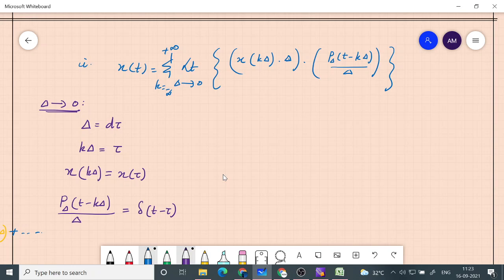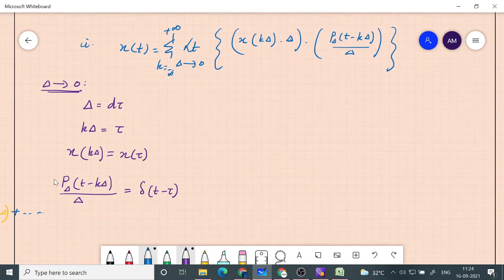Since k delta becomes tau, p of t by delta became delta of t, but p of t minus k delta will become delta of t minus tau. Are you clear with all of this? If there is any doubt, please ask. We can go over it again.